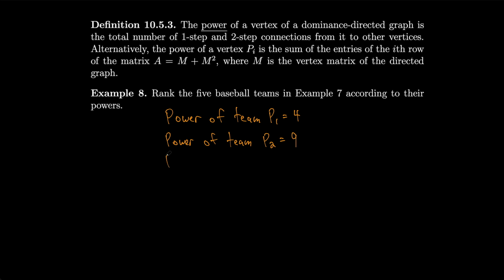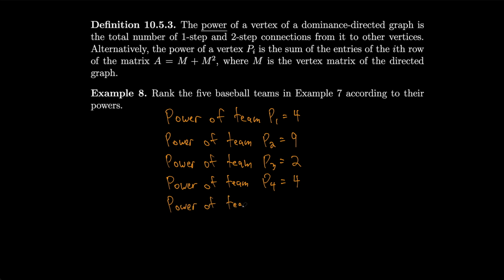The third row added up to 2, so that's the power of P3. The power of team P4 would be 4. And last but not least, the power of team P5 would equal 7.